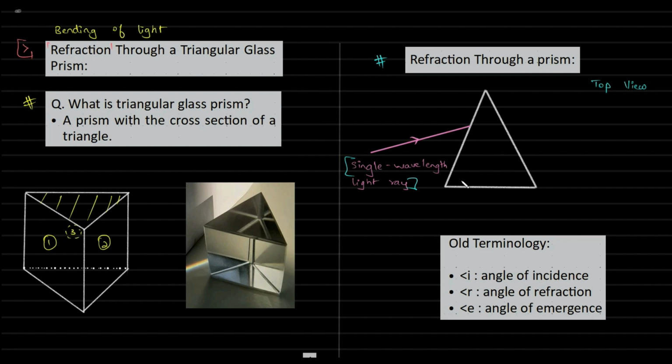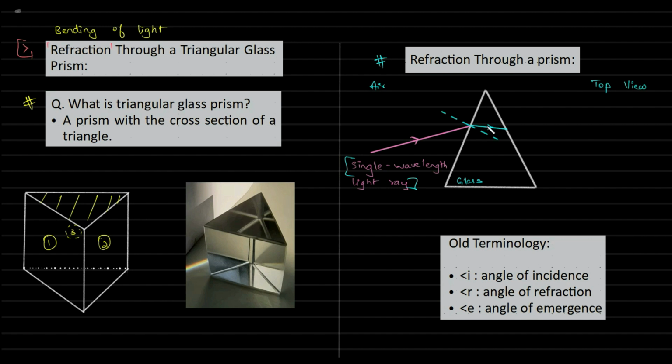Okay, so what happens over here? So we know the funda. This is glass, this is your air, and at the point of incidence we need to draw the normal. Okay, this is what we're looking at. So what happens? It will bend towards the normal. Why?